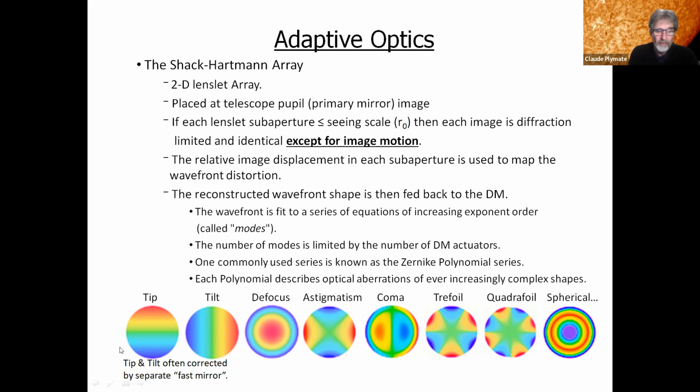Now, in reality, often a very large fraction of seeing is just image motion, which translates to tip and tilt of the wavefront. So often in a real adaptive optics system, tip and tilt will be separated out to a separate high-speed flat mirror and corrected independently, so that the amplitude of the deformable mirror is saved to be able to correct the higher order aberrations.